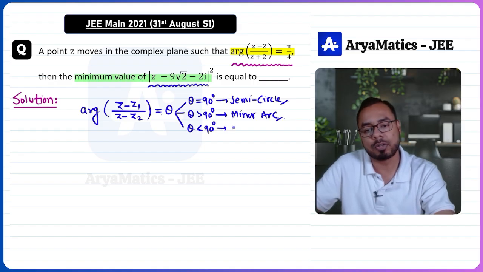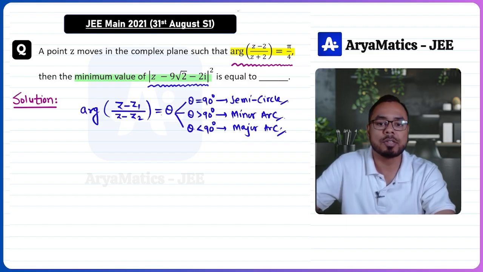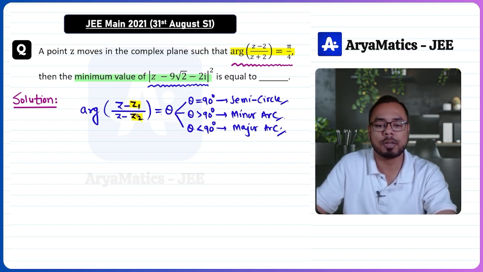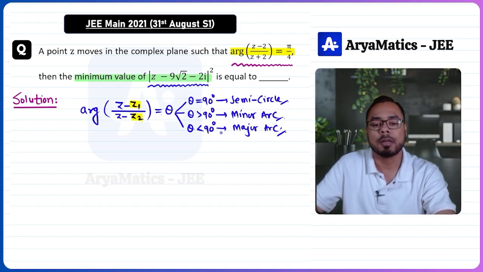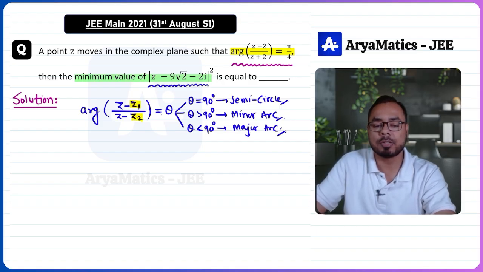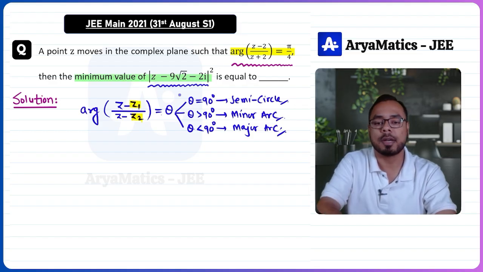In that case, this locus will represent the major arc of a circle, and the line joining the points z1 and z2 will be one chord of that circle. For example, if theta is 90 degree, then line joining z1, z2 will become the diameter of the circle. Theta more than 90, then minor arc. Less than 90, then major arc. And the line joining the points z1, z2 will become one chord of the circle.